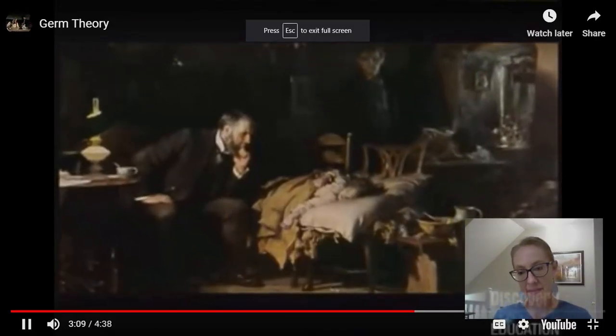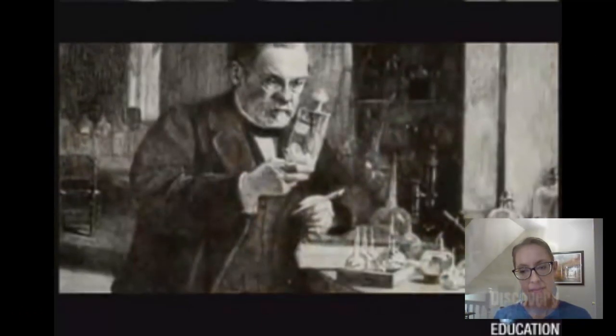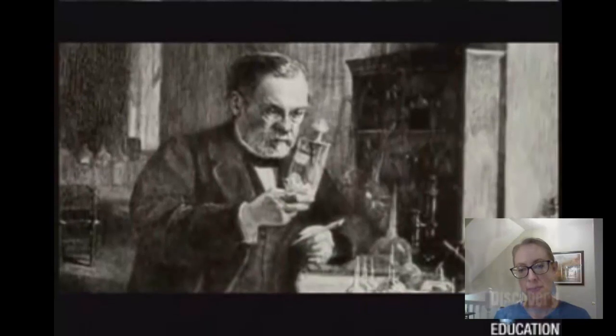Pasteur had lost 3 of his 5 children to typhoid fever, which perhaps explains why he was determined to find the cause of infectious diseases. It was Pasteur's work on behalf of the beer and wine industry that put him on the right track.